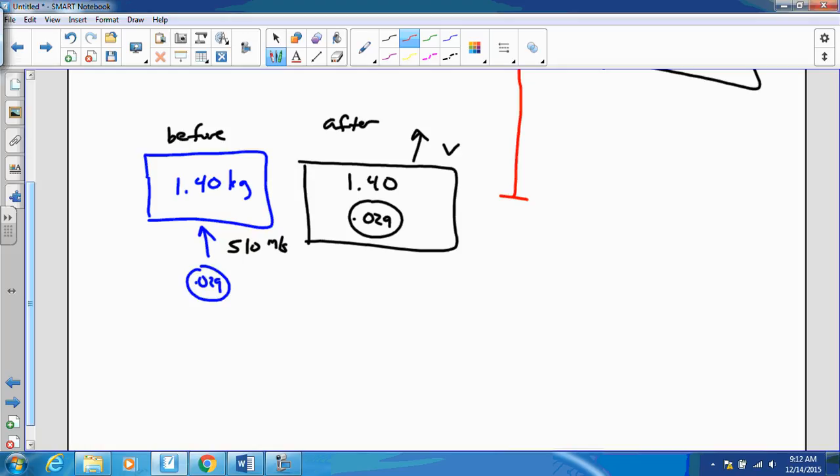That's actually fairly easy. We've got 0.029 kilograms times 510 meters per second equals the combined mass, 1.69. Nope, wrong. 1.429 kilograms. Make sure we did that right. You just run with 1.43?